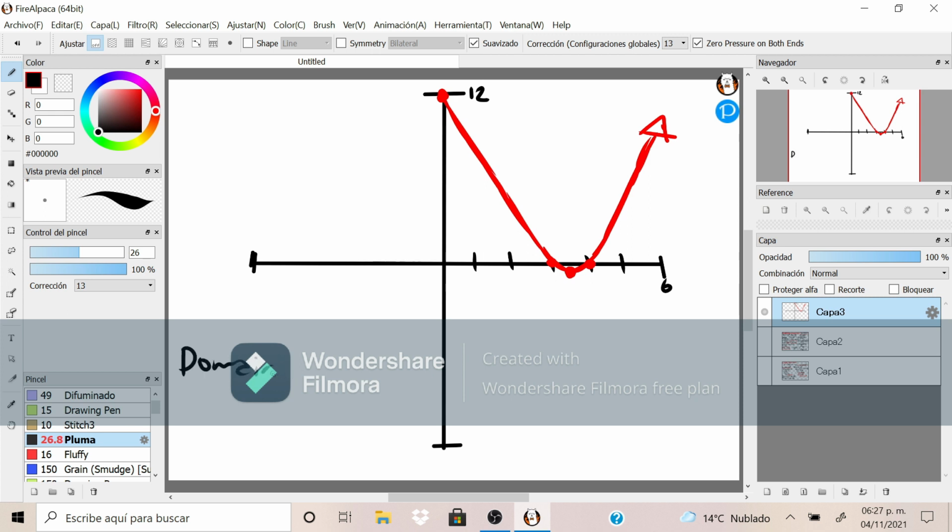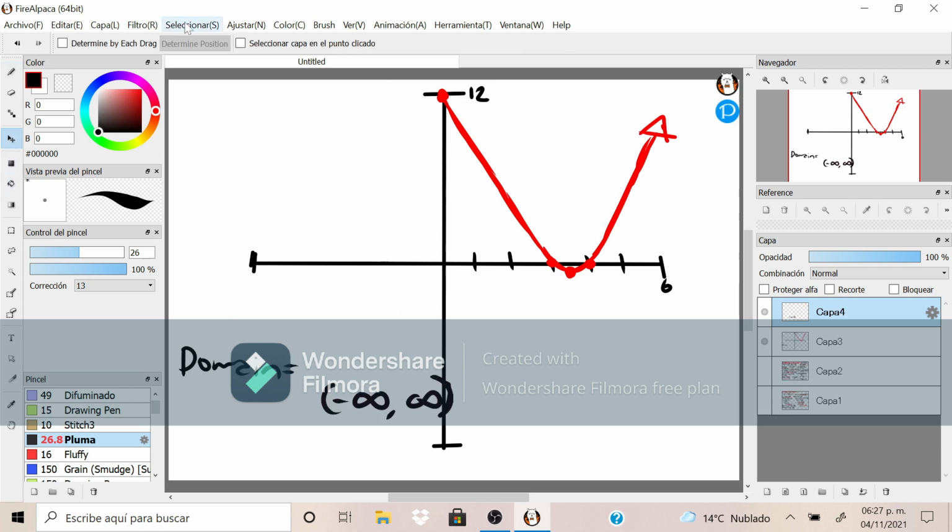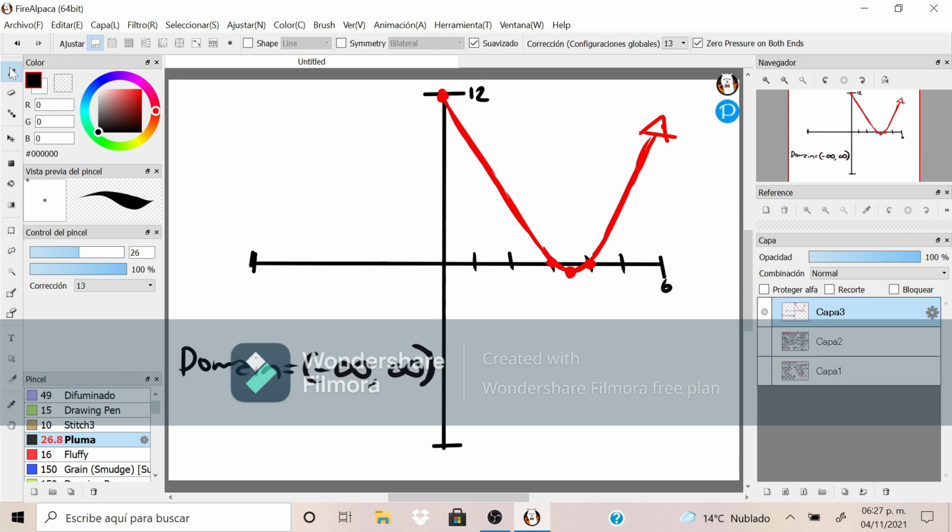The domain is this bad boy right here. And the range, here it's a little bit different. The range is the K, the second number of the vertex, which would be, this is some brackets, remember that.